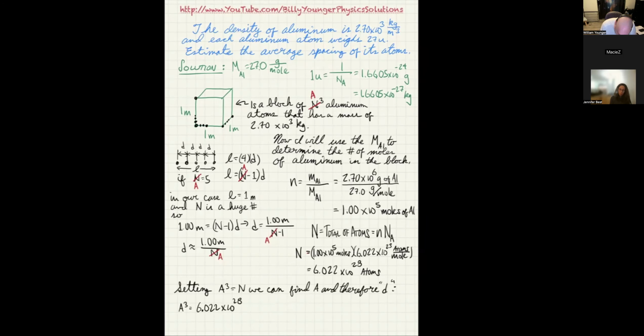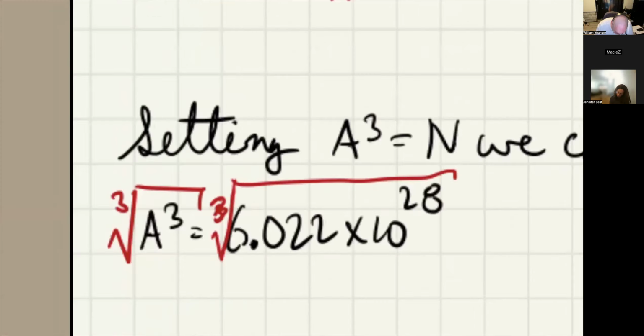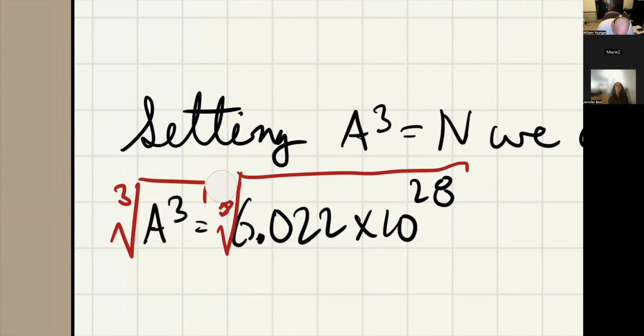The way we solve such an equation is we take the cube root of both sides, like the always rule: whatever you do to one side of the equation, you must do to the other. So that's all I'm using here. And wow, that was really a bad attempt at writing a 3.